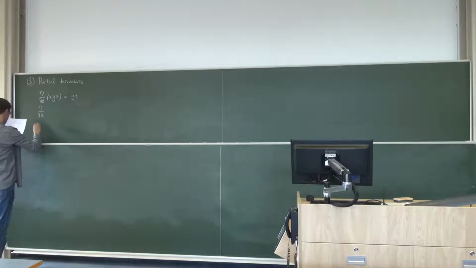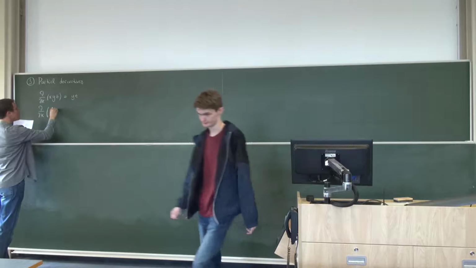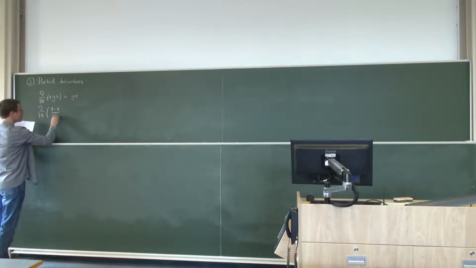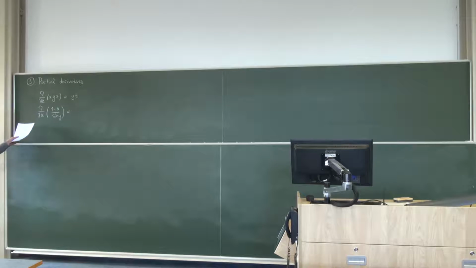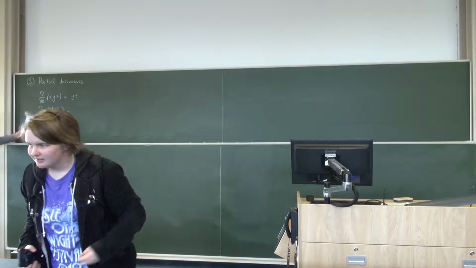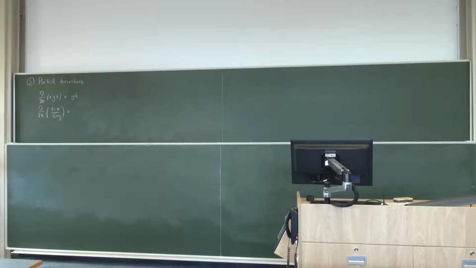And then if we have another example of something slightly more complicated, ∂/∂x of (1 − x)/sin y, then again, if y is a constant in this context, and we are differentiating with respect to x, then we can simply take this out of the bracket.